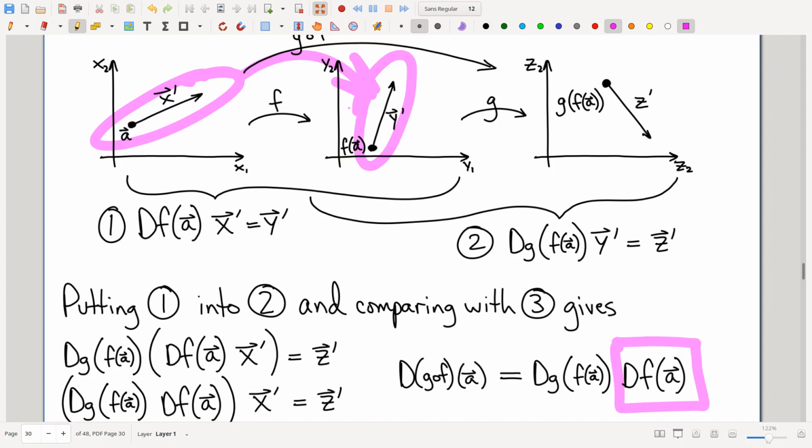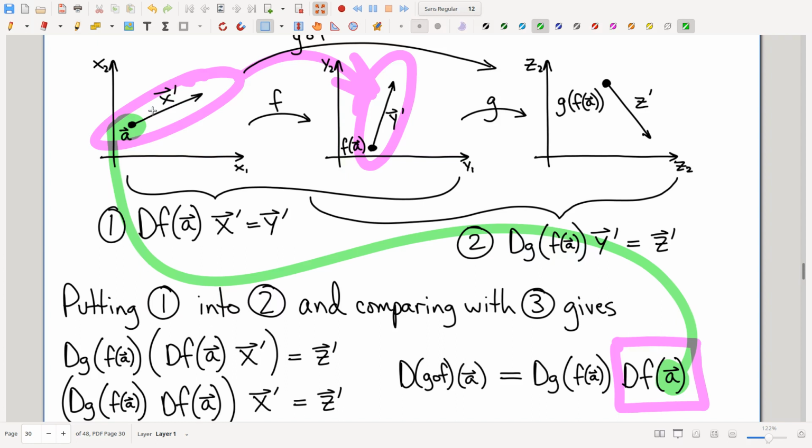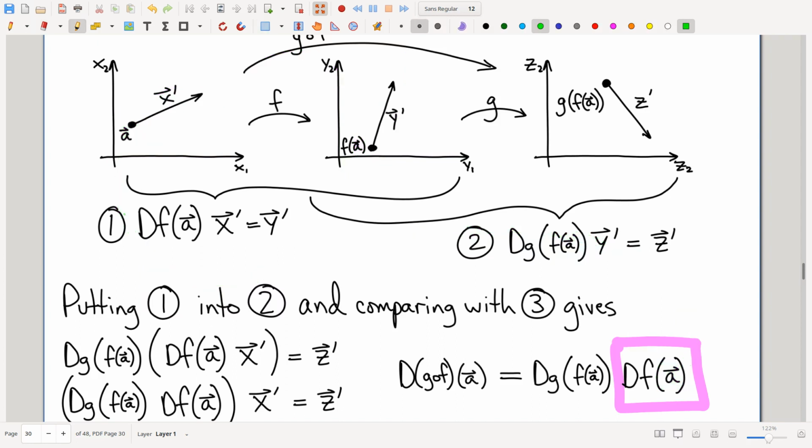Right? So the reason that this derivative matrix is evaluated at this point A is because, well, that's where we are when we're applying that matrix. We're at that point A pretty literally. Okay, now with that in mind, let's think through the analogous thought for the DG matrix.